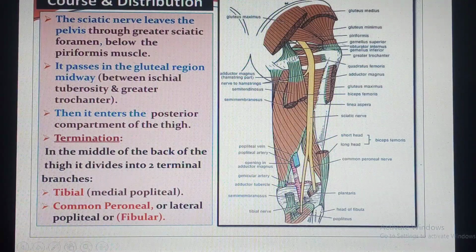So these are the nerves that I've been talking about. But sometimes it can even bifurcate at an upper level, so there could be that kind of variation at the point where the sciatic nerve bifurcates. That is what we saw when we looked at the sciatic nerve, deep to the hamstrings as it enters the posterior compartment of the thigh.